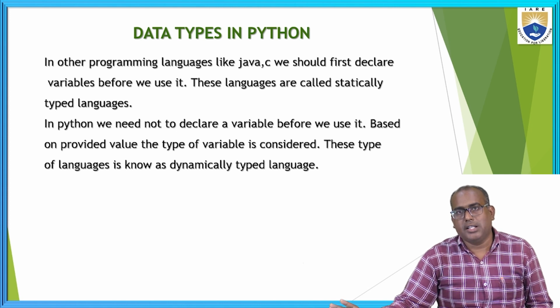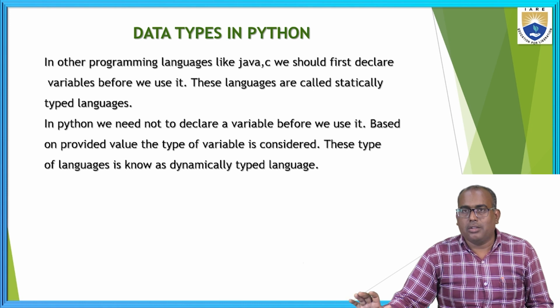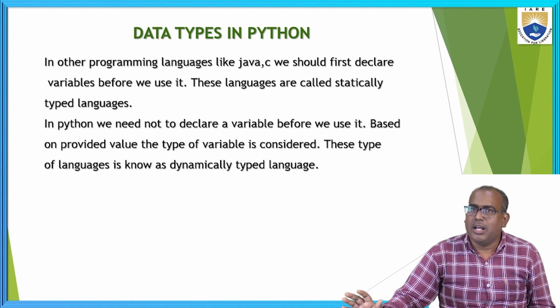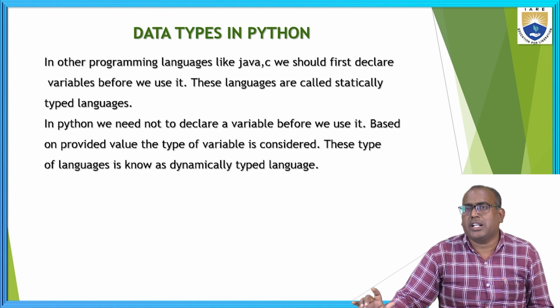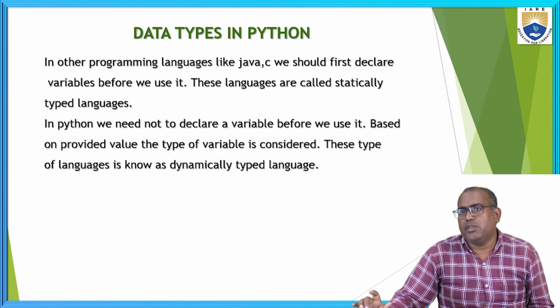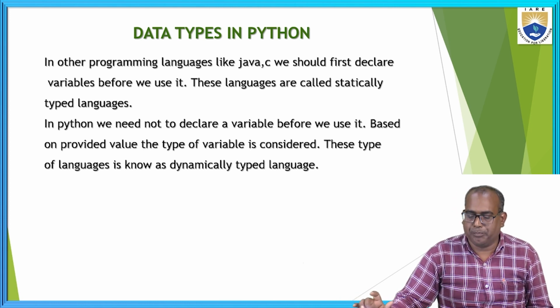In Python, we need not declare the variable before we use it. Those types of languages are called dynamically typed languages. Python is a dynamically typed language. The type of the variable is decided based on the provided value.